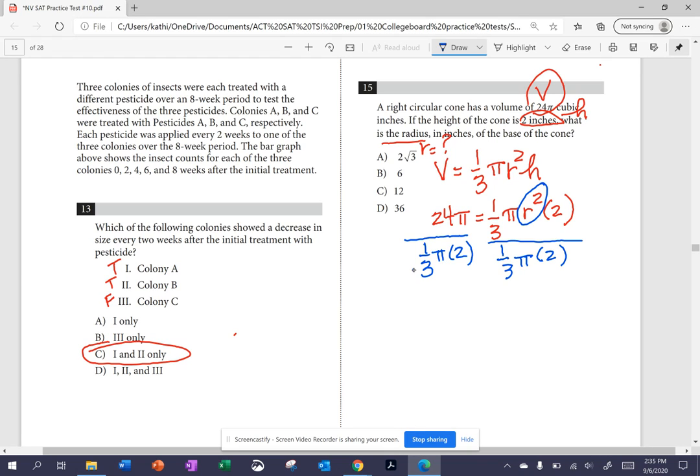Okay, so 3 is logically equivalent in the numerator. And pi divided by pi simplifies to 1. So this is going to be 24 times 3 divided by 2 equals r squared.